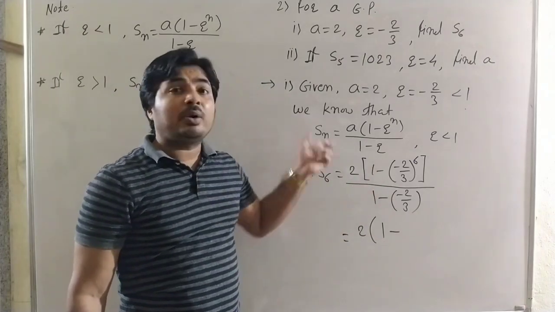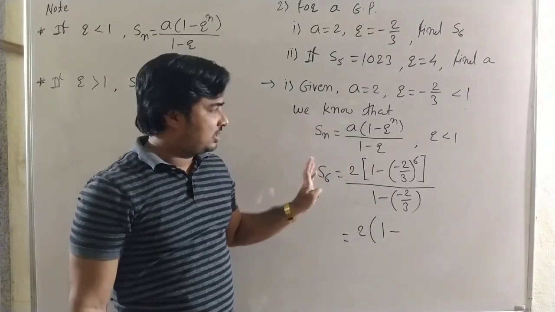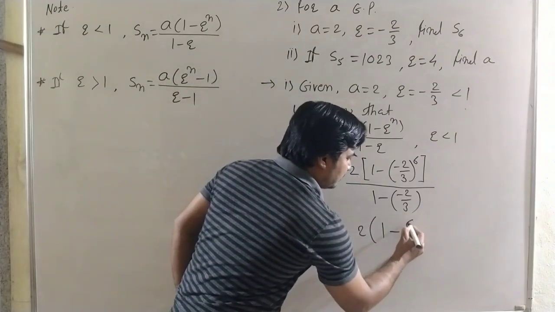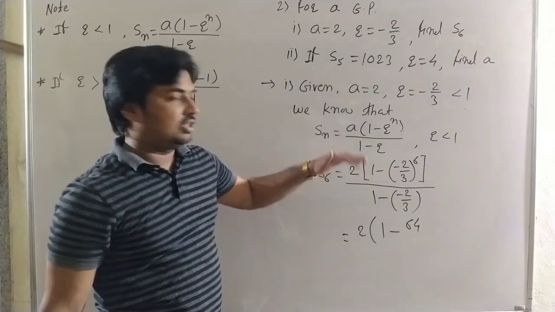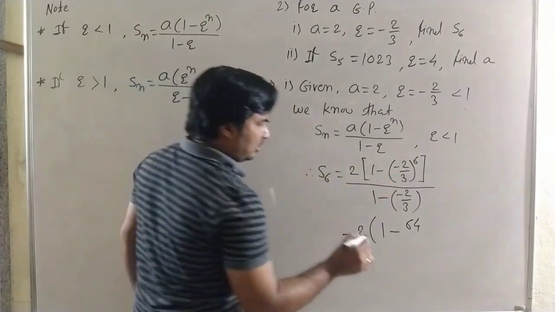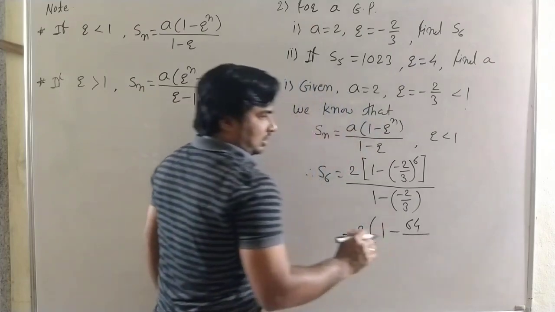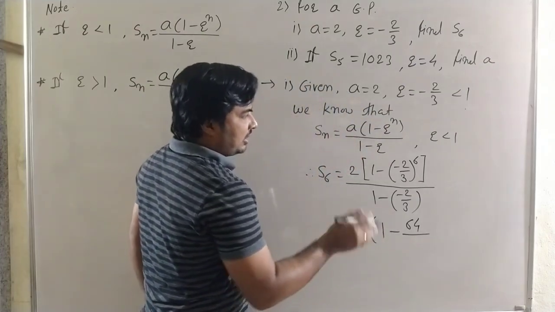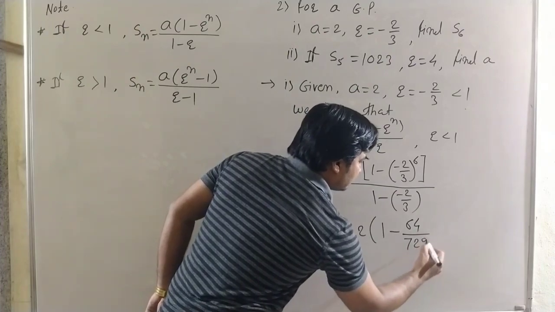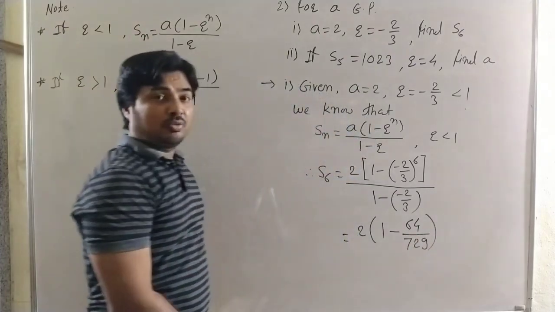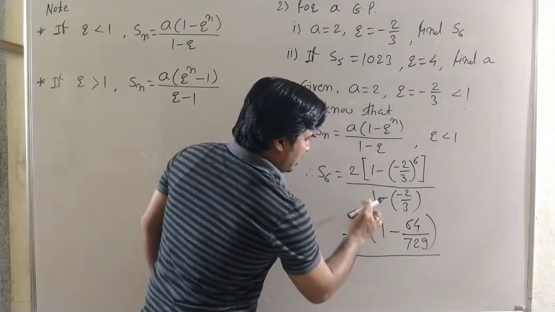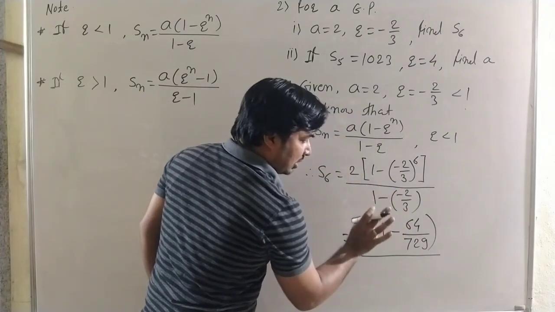Now 2 to the power 6, it is 4 to the power 3, that means 64. And 3 to the power 6 is 27 square, it is 729. Now upon this, 1 plus 2 by 3, see carefully.